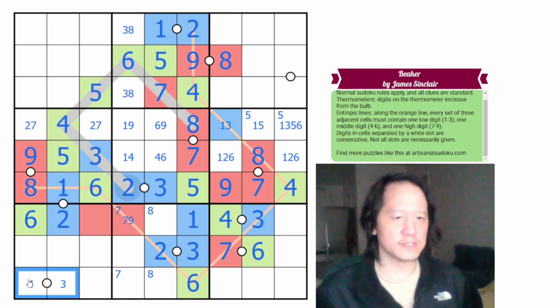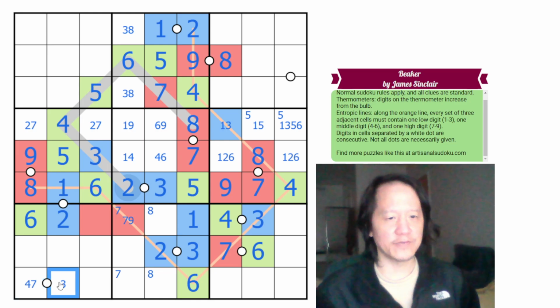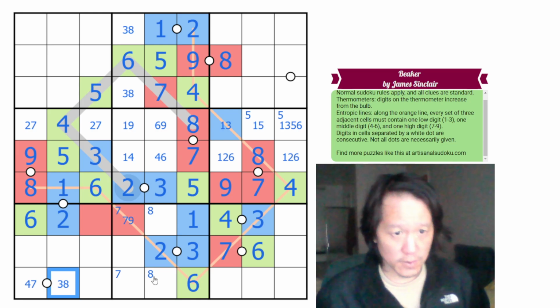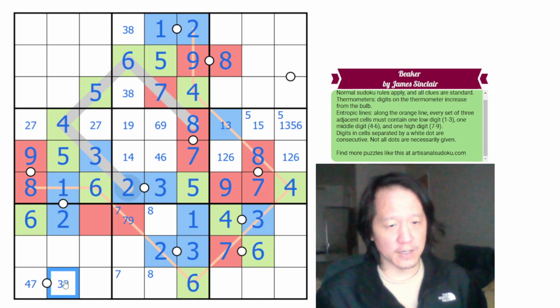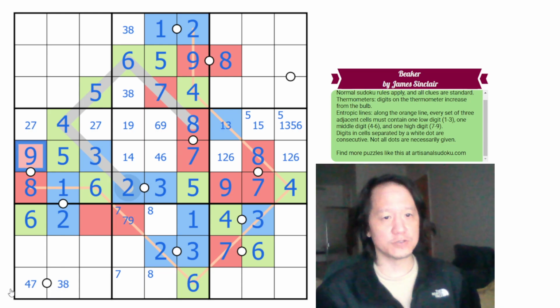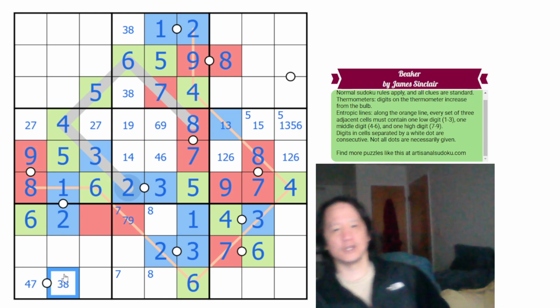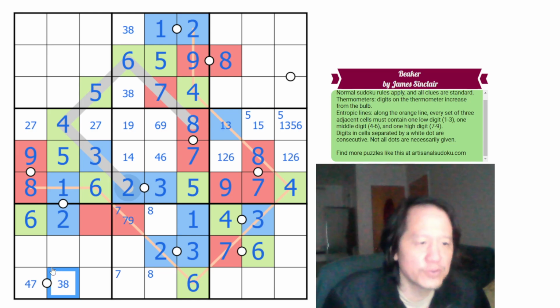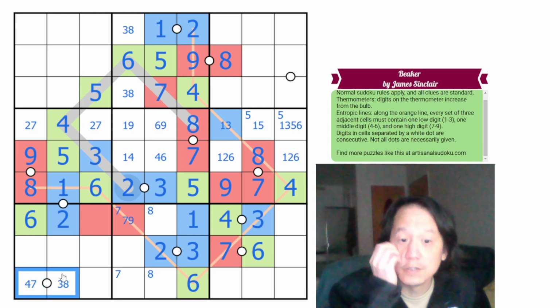It cannot be 6 and 7, obviously, because of that. It could be 7 and 8. That's possible. Or it cannot be 8 and 9, because if this is the only possibility for 8, then that would have to be 9, but that would be eliminated by that one. So this is 4 and 3, or it's 7 and 8.